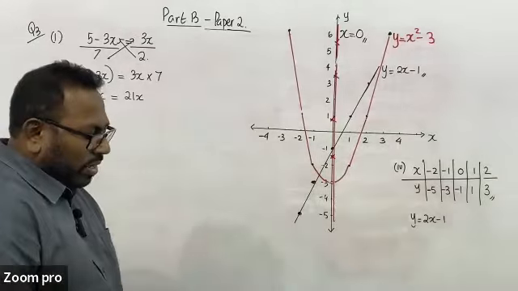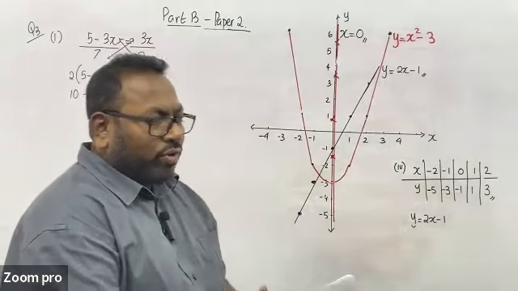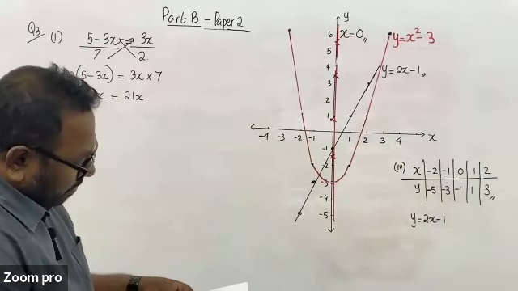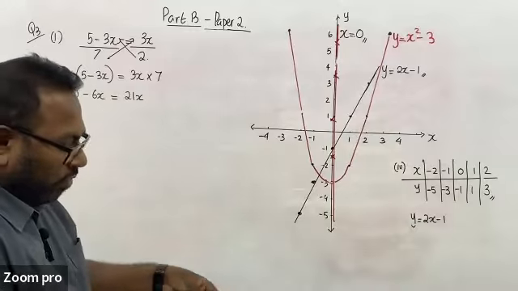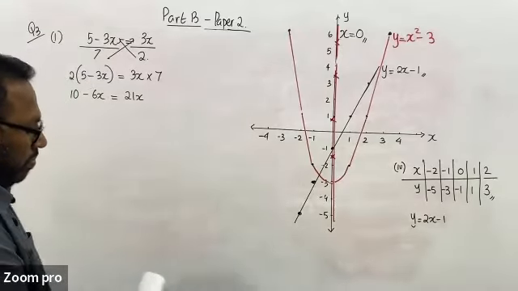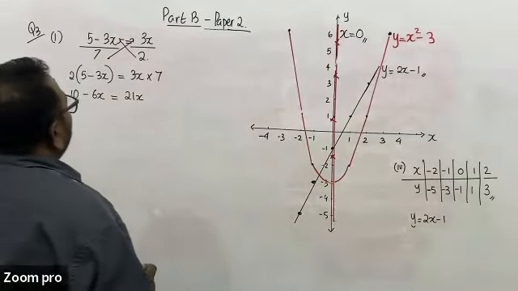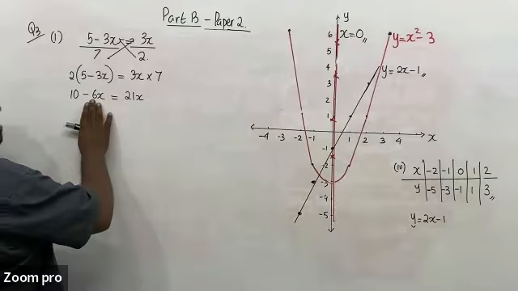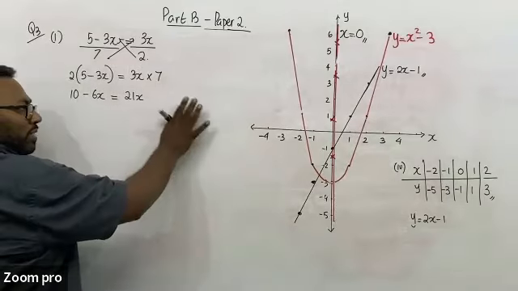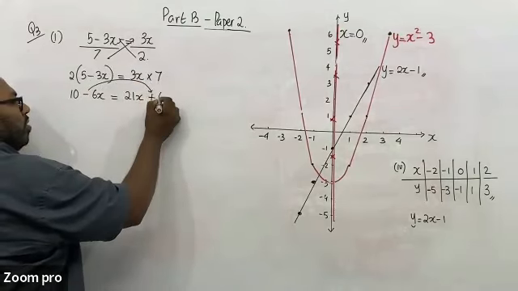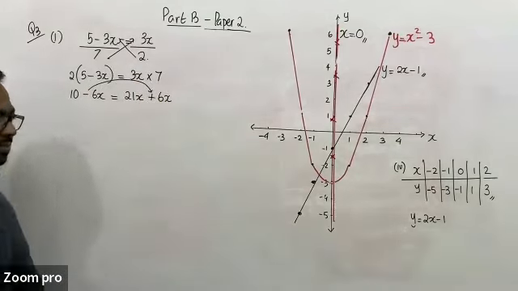Now solve for x. So what are you going to do? You're going to take the minus 6x to this side. So minus 6x comes to this side. You're going to get plus 6x.